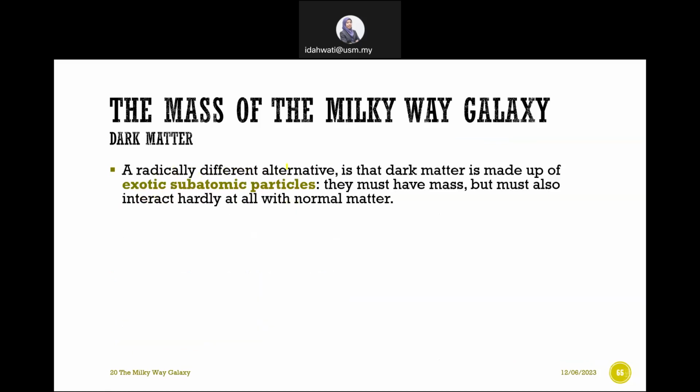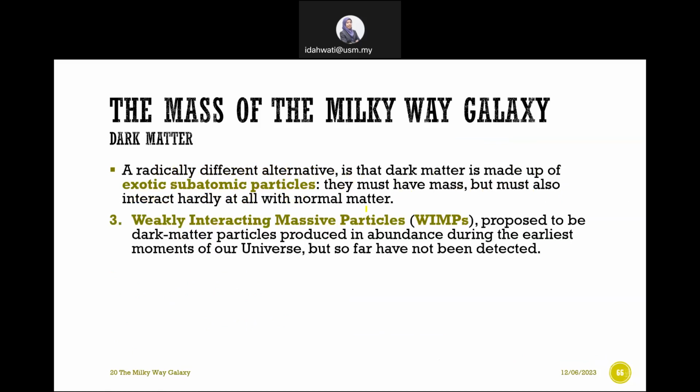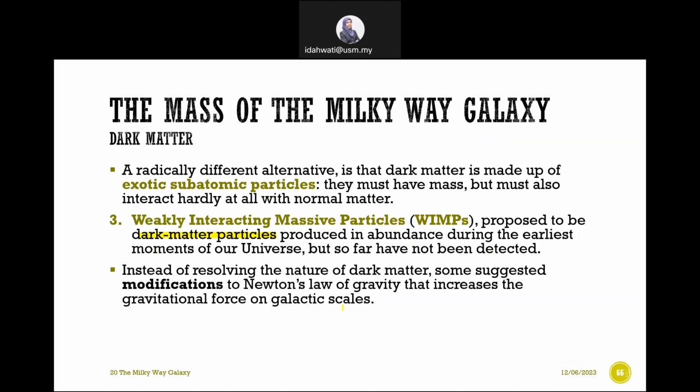A radically different alternative is that dark matter is made up of exotic subatomic particles, which must have mass but must also interact hardly at all with normal matter. Weakly interacting massive particles are proposed to be dark matter particles produced in abundance during the earliest moments of our universe, but so far have not been detected.